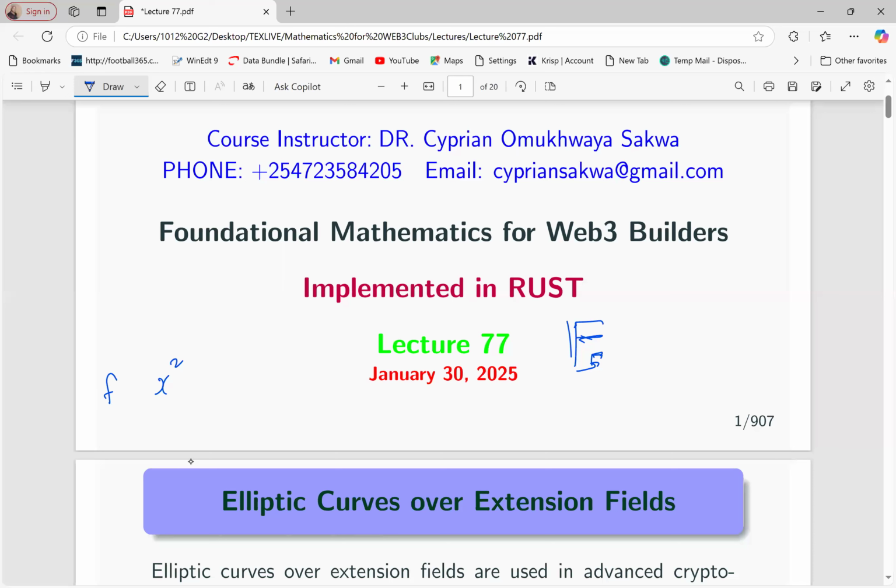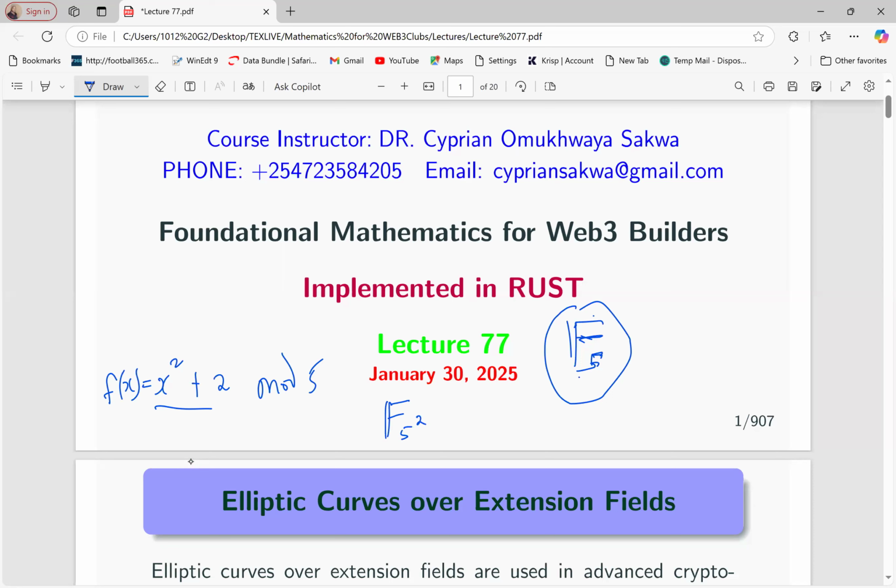Let me say this is the polynomial x squared plus 2, and maybe we are doing this again mod 5. I've not checked whether this is irreducible, but supposing it's irreducible, what I mean by an extension of the field is that now you're given this field, you want to extend the elements of this field and make them more.